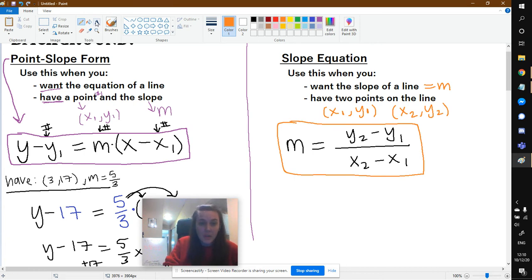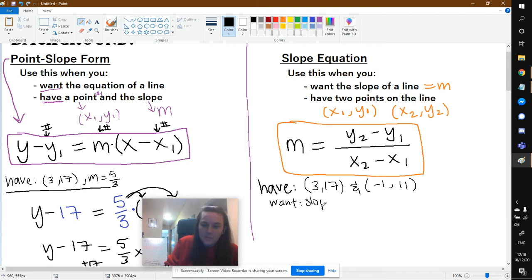Let's do an example. If I have 2 points, and my points are, we'll say, 3, 17 and, I don't know, -1, 11, and I want the slope, I would say, okay, I have 2 points, I want the slope, it's time to use the slope equation.